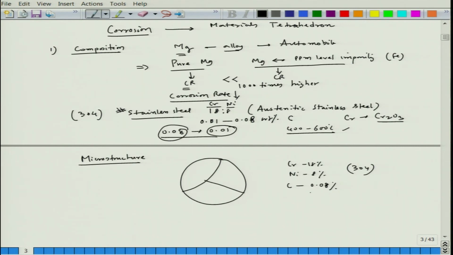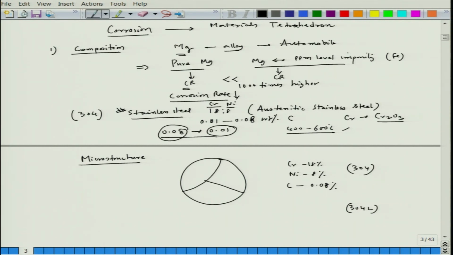Another part is if we consider this low carbon, 0.01%, then we write this one as 304L. So, this is the only difference in the nomenclature. If you find that L in any stainless steel grade, that is nothing but low carbon.